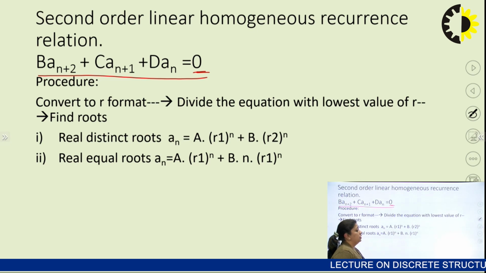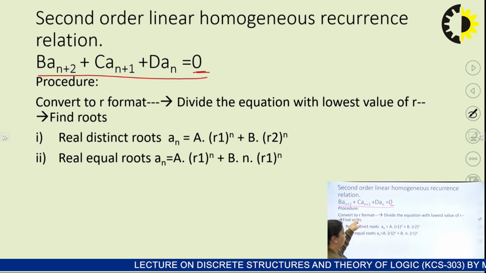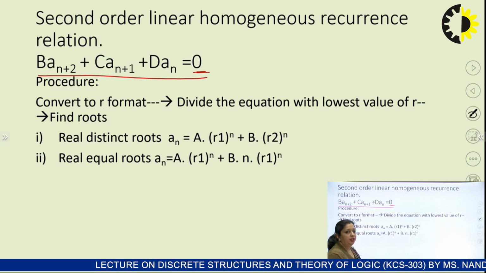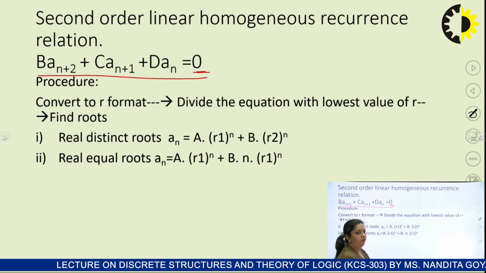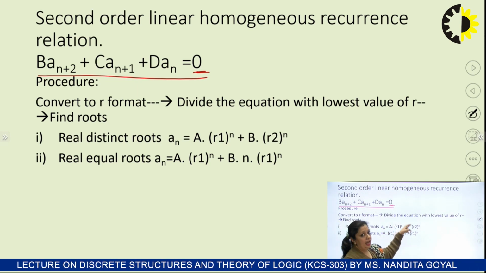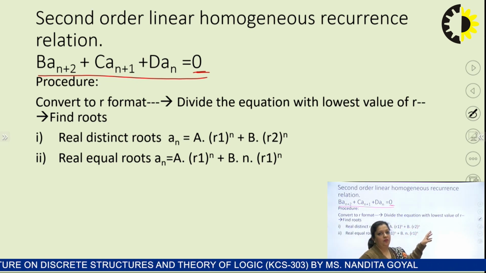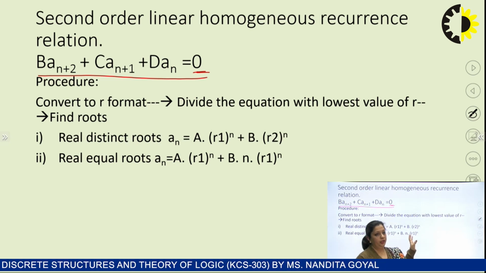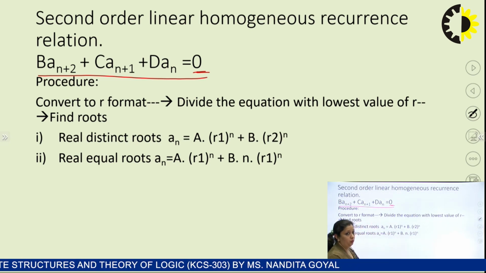Now how do we solve such a recurrence relation? Almost the basic procedure remains the same. Whatever equation is given to me, which is of second order, I will convert that to R format. Once I have converted it to R format, as we were doing previously, we will divide the entire equation by the lowest power of r, and then we will find the roots.